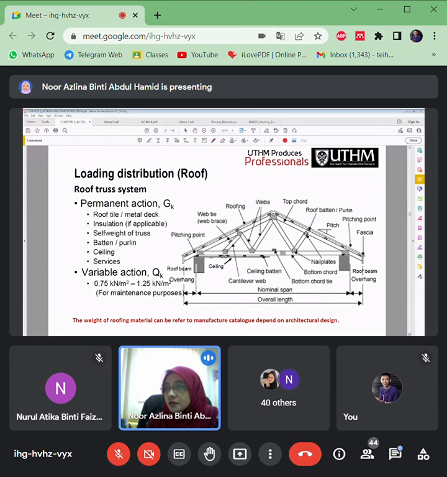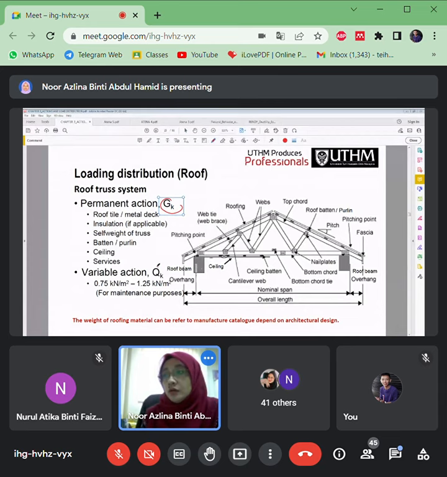So the load carried by the roof system basically still has permanent action, which is Gk, and also Qk.